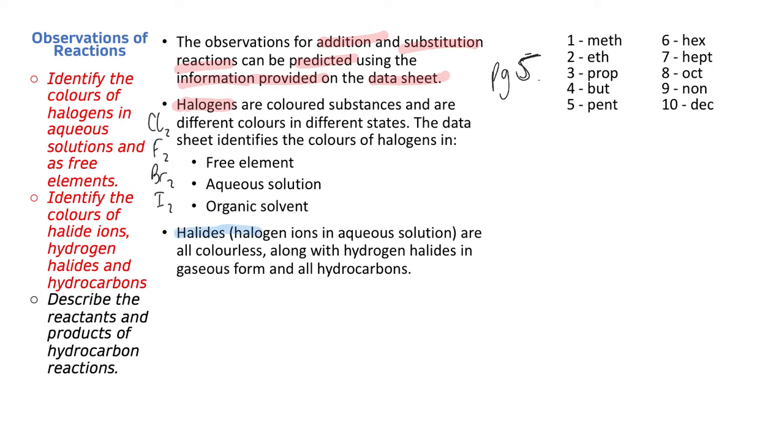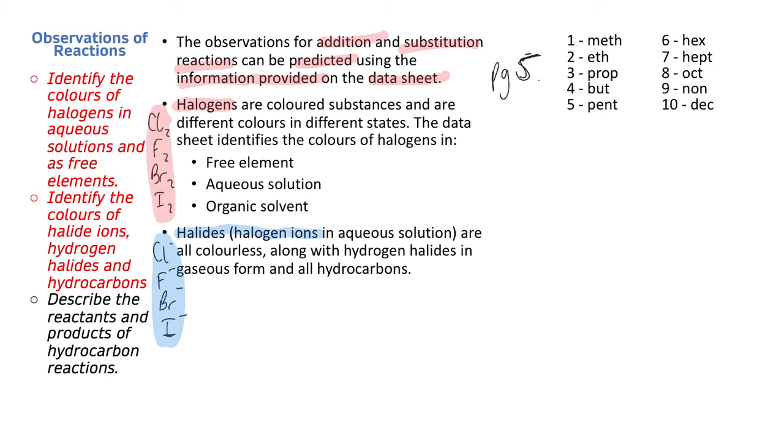Halides, which are halogen ions, are Cl minus, F minus, Br minus, and I minus. So we have to differentiate between what we're looking at here. Halogens, that's these, versus halide ions are different things, and that's why they're named differently.